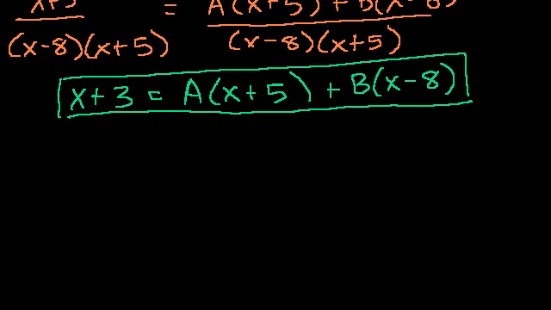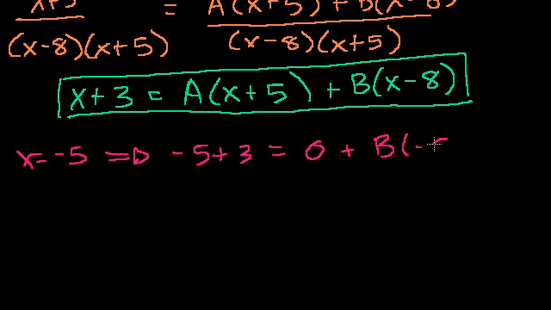So just as a review, in the last video, to solve this, I just set x to be values that would make the a or the b disappear. So if x equals minus 5, I picked minus 5 because it makes this expression 0, so it cancels out the a. You're left with minus 5 plus 3 is equal to 0 plus b times minus 5 minus 8. That's exactly what we did in the last video.